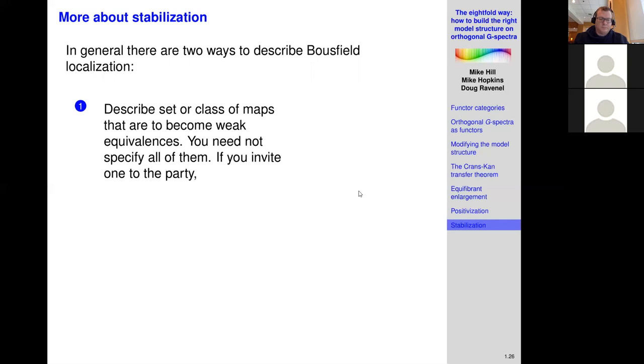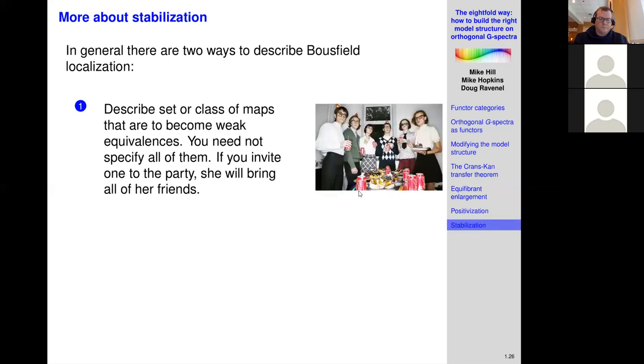And if you invite one to the party, she'll bring all of her friends. So if you specify that certain maps are weak equivalences, that will force a lot of other maps to be weak equivalences. Okay, so that's one way to describe Bousfield localization: you say, here's a bunch of morphisms in the category that I'm declaring to be weak equivalences, and then go from there.